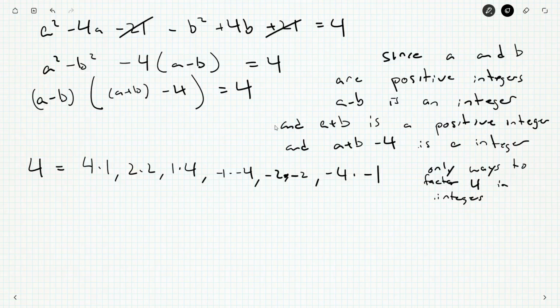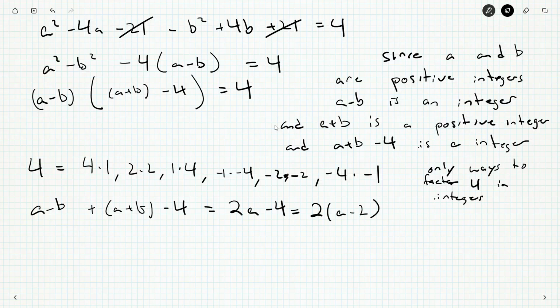So, just trying to see, is there some way I can shorten this? Well, if I add these, the a's become 2a, and the b's cancel out, minus 4, and this is 2 times a minus 2.